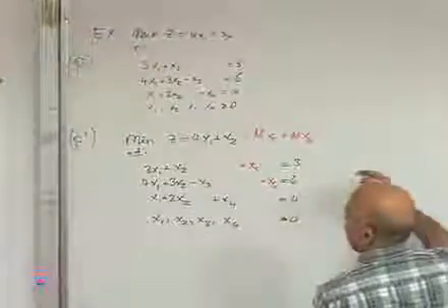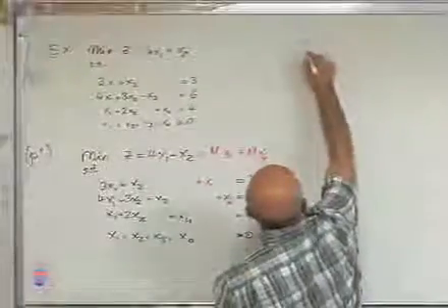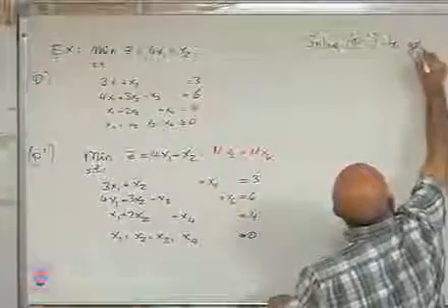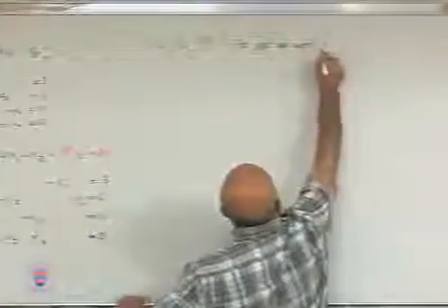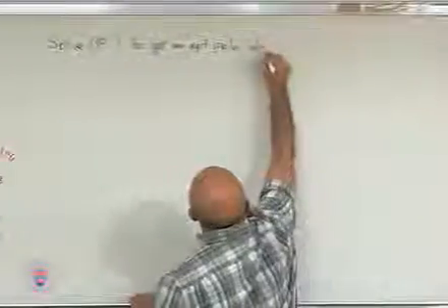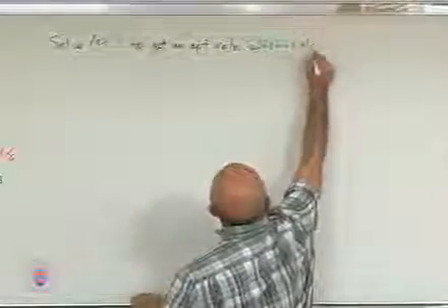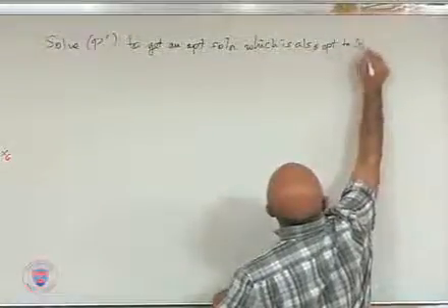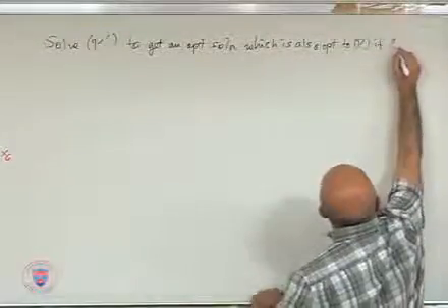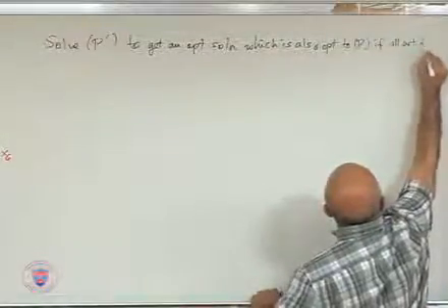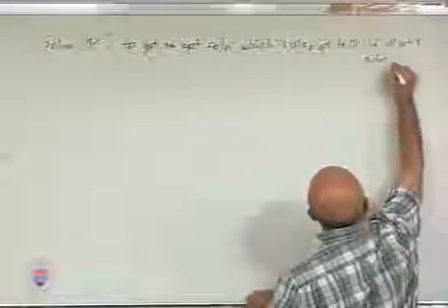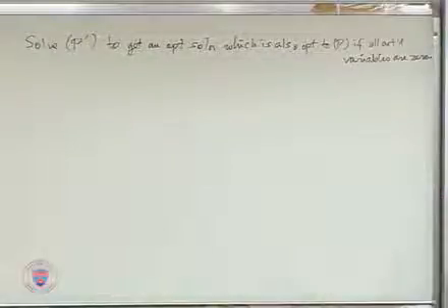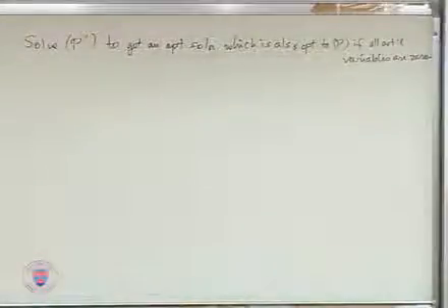So we solve P prime, which is also optimal to the original problem if all artificial variables are 0.